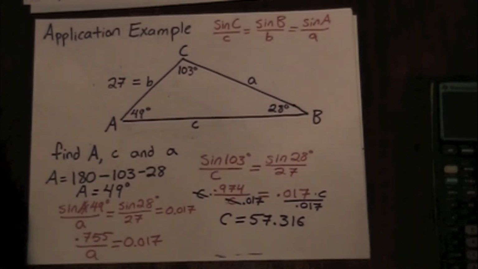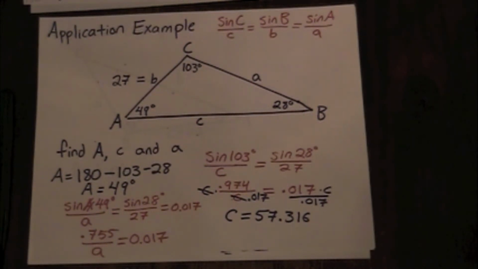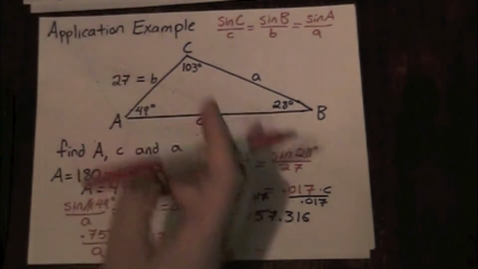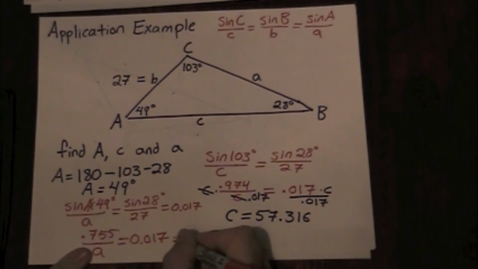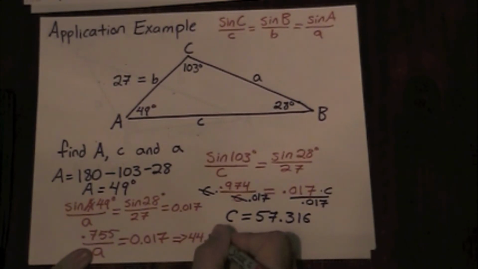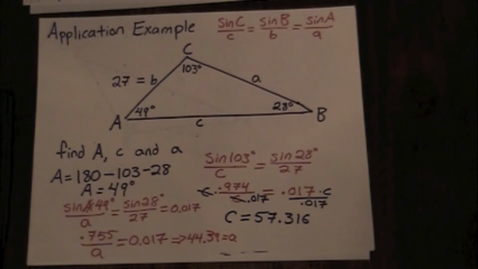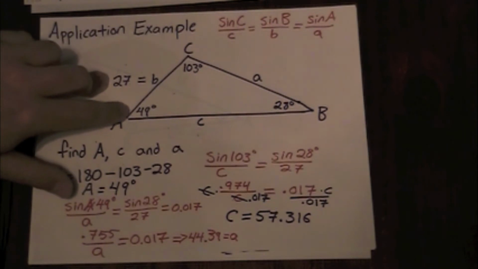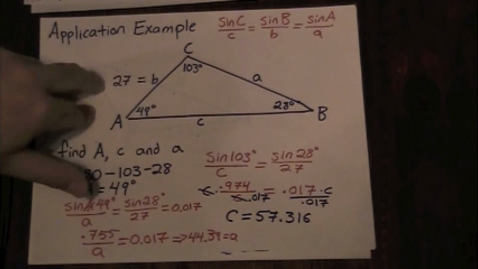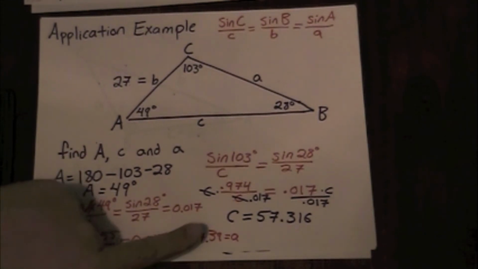With some quick algebra, I can arrive at an answer of 44.39 for a. And once again, that kind of makes sense. A measure of 49 degrees is between 28 and 103. The side measure of 44 is between 27 and 57.